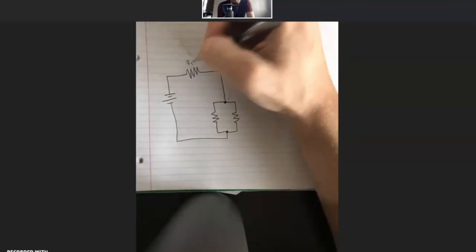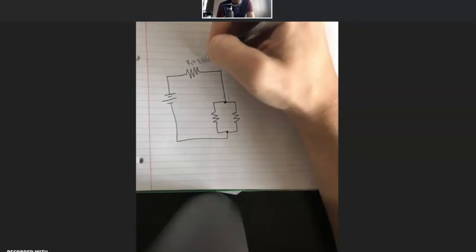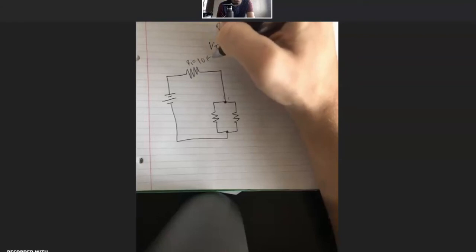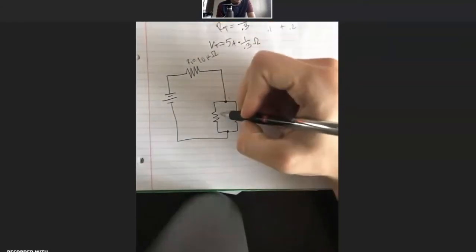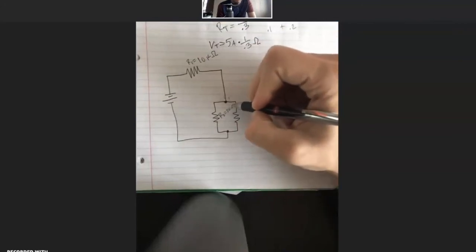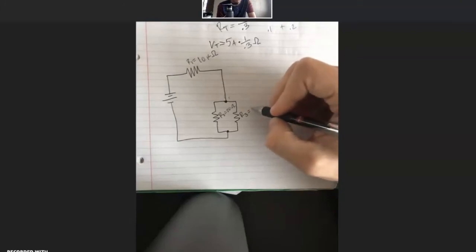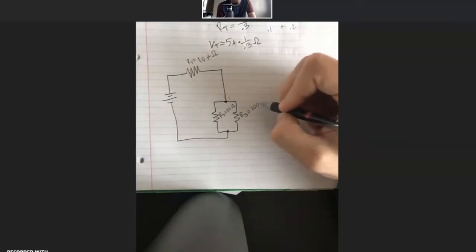So resistor 1 is going to be equal to, let's do, this one's going to be 10K. Resistor 2 is going to be 20 ohms, and resistor 3 is going to be equal to 100 ohms.